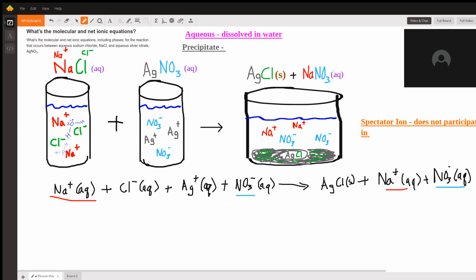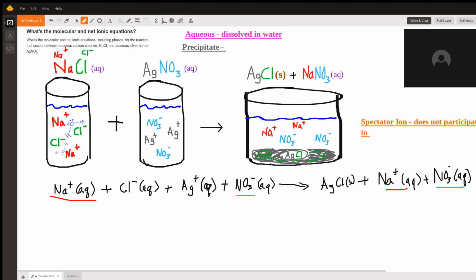what we would do after we've written out this molecular ionic equation, this is the complete ionic equation, you could remove these spectator ions. And if we remove the spectator ions, we're going to see that what we did want to look at, what actually did react, was the silver ion plus the chloride ion.